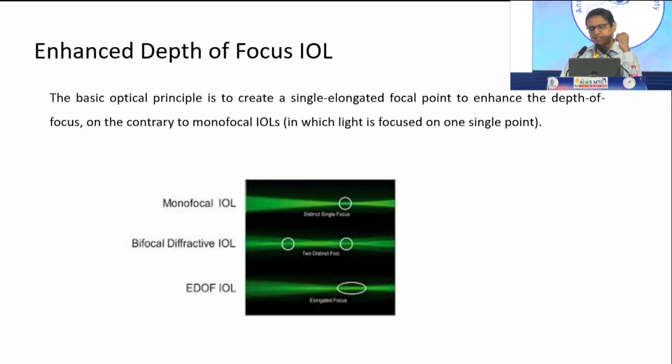And we hypothesized that the reason could be how these lenses are made to function. Monofocal lenses have a single plane of focus. The so-called multifocal lenses like Restore in the past were actually bifocal lenses, which had two planes of focus. But the EDOF lenses or the enhanced monofocal lenses have a slightly elongated plane of focus. And this is how they work.